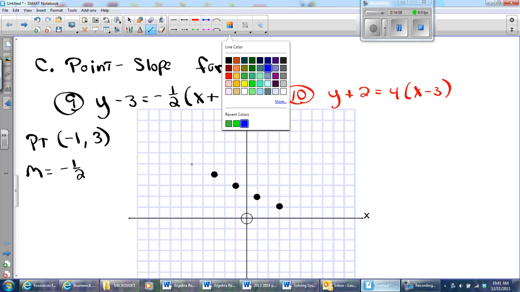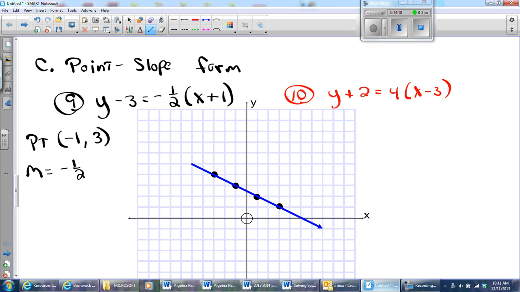All right, there we go. And that's it. Now, in tomorrow's test, you'll be graphing on separate graphs, excuse me, on Friday's test. Okay, it's going to be the point 3, negative 2, and the slope is going to be 4 over 1. So 3, 1, 2, 3, negative 2, 1, 2. Looks like it's going to be there. And the slope is going to be 4 over 1.